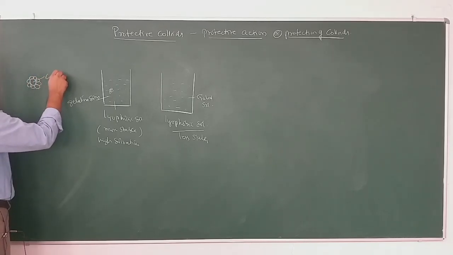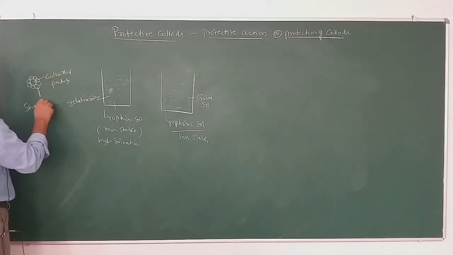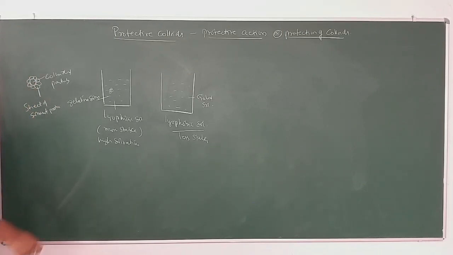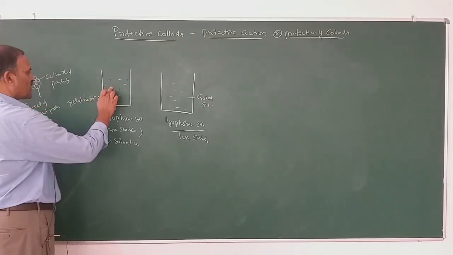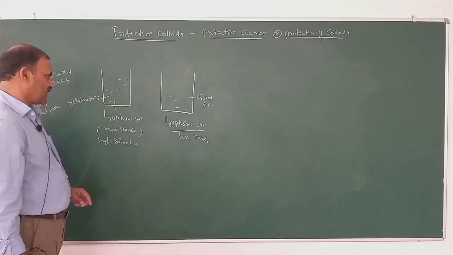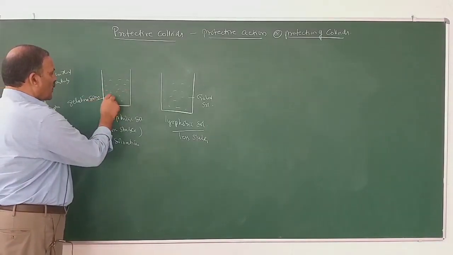So this is the colloidal particle and this is the sheet of solvent particles. These solvent particles surround the solute particles because of the great affinity between dispersed phase and dispersion medium. Therefore, stability still increases.